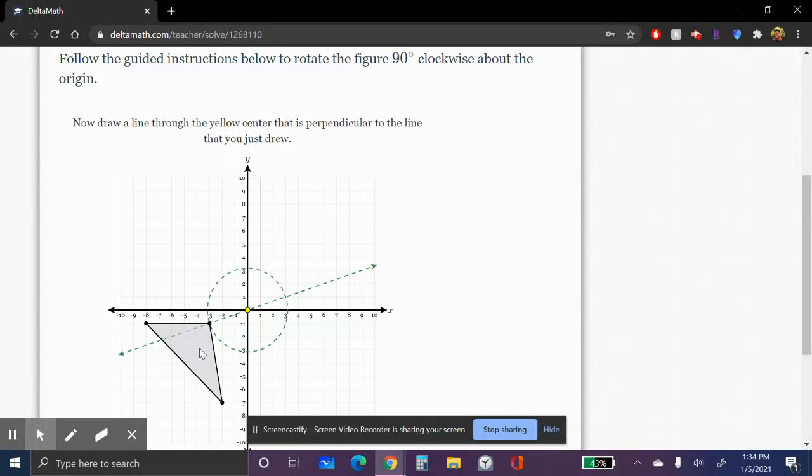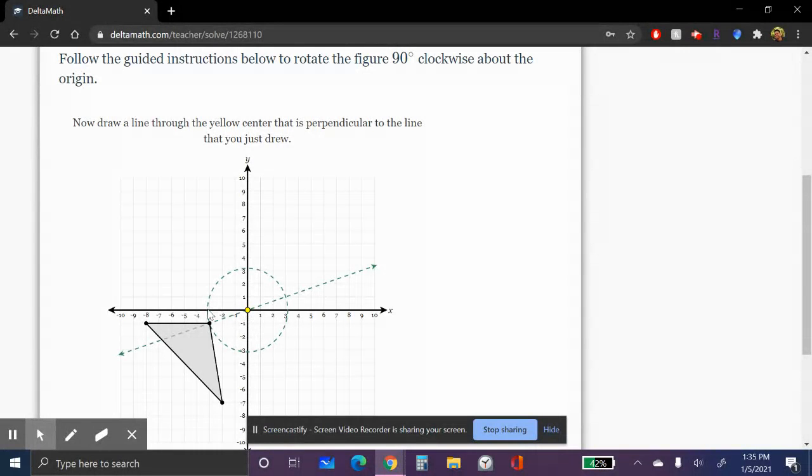If I wanted to rotate this figure 180 degrees, it would end up all the way over here. But I want to go 90 degrees. So in order to go 90 degrees, I have to find the line that goes perpendicular to it, the line that makes a 90-degree angle.